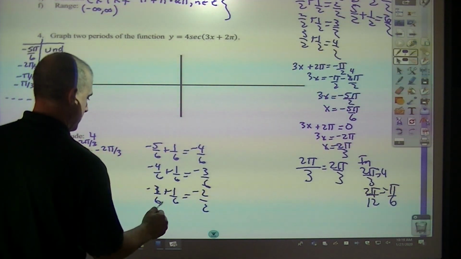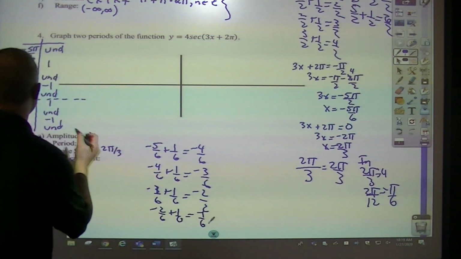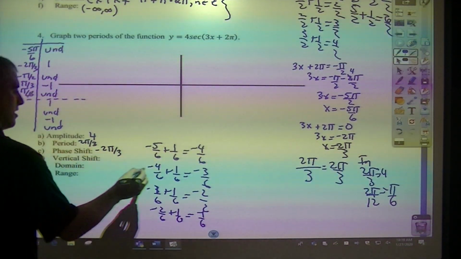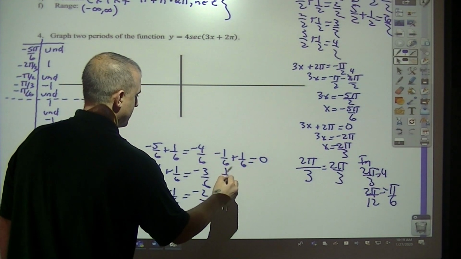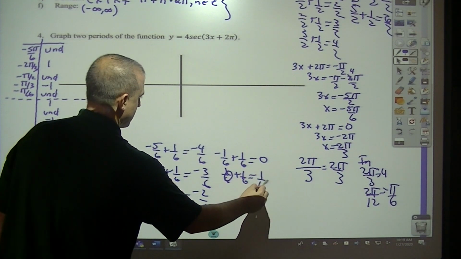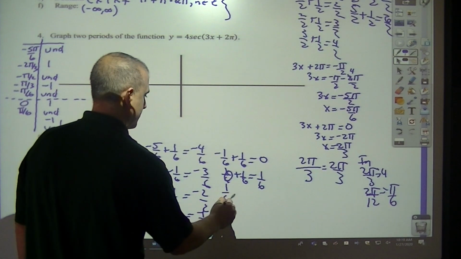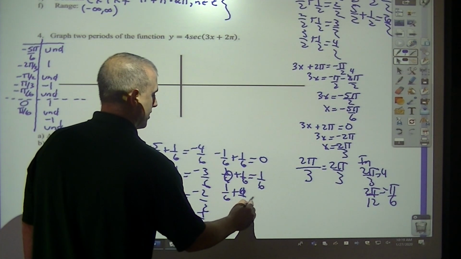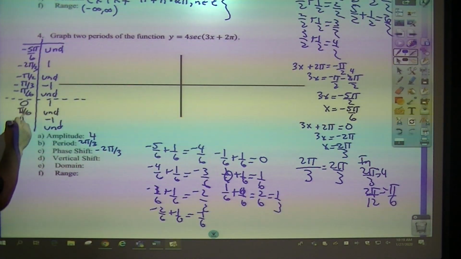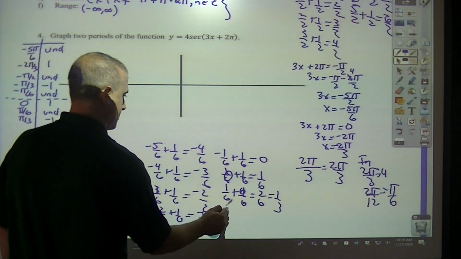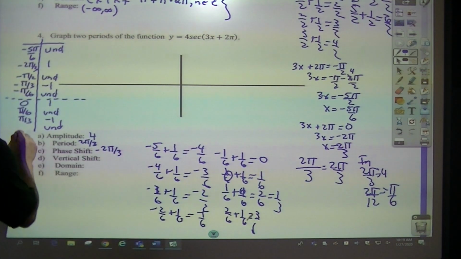Negative 2/6 plus 1/6 is negative 1/6, or negative pi over 6. Negative 1/6 plus 1/6 will be 0. Zero plus 1/6 will be 1/6, so we got 0 here, pi over 6. And 1/6 plus 1/6 is 2/6 or 1/3. Then 2/6 plus 1/6 is 3/6, or that's pi over 2.